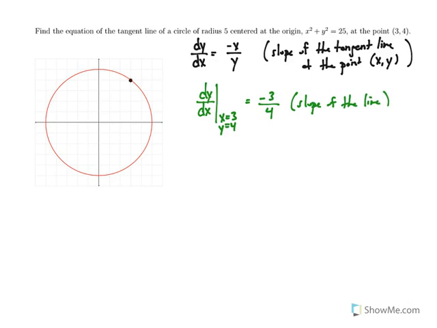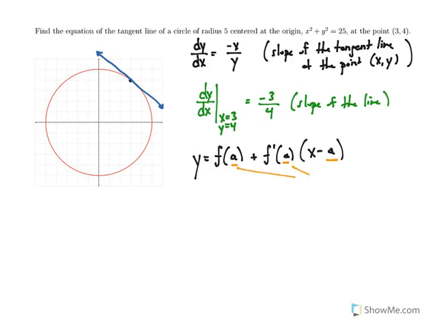Remember, what we're trying to find is the equation of this line right here. And now we've found that the slope of this line is negative 3/4. Remember that the equation of the tangent line is y equals f of a plus f prime of a times x minus a. This a value is the x value that we're thinking about.